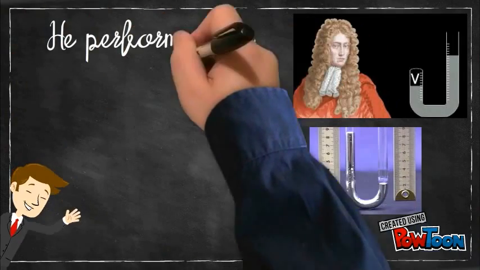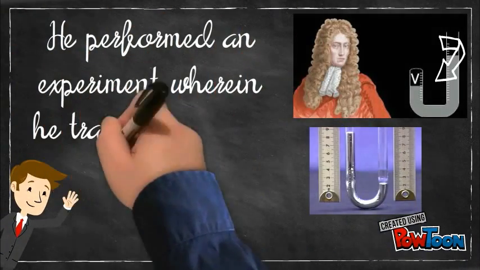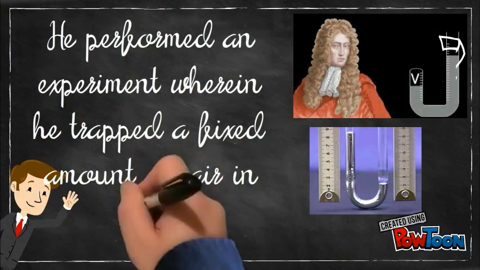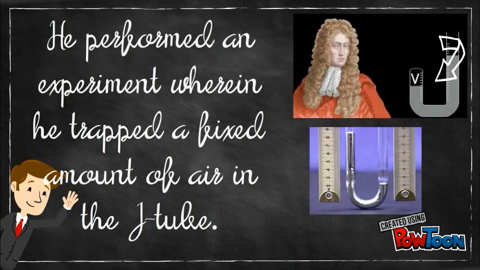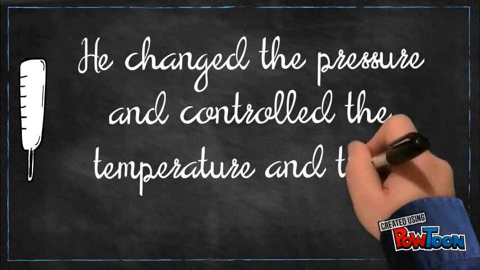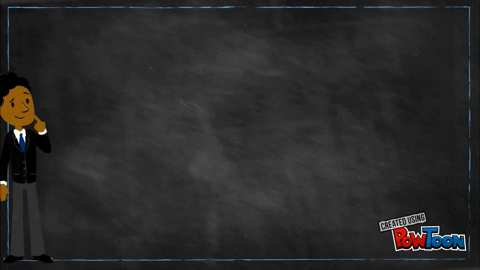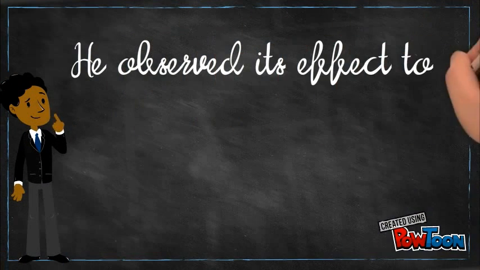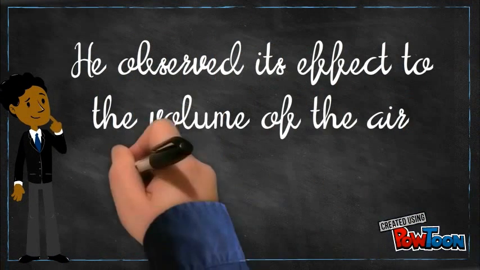He performed an experiment wherein he trapped a fixed amount of air in a J tube. He changed the pressure and controlled the temperature, and then observed its effect on the volume of the air inside the J tube.